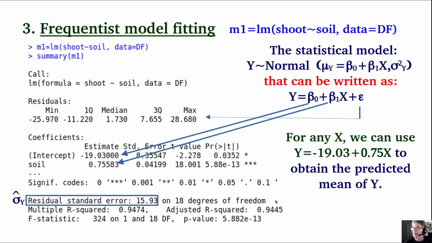We also have the residual standard error, which is the standard deviation, not the variance, and it can be squared to obtain the estimate of the variance. And we can obtain confidence intervals for these two parameters governing the relationship.